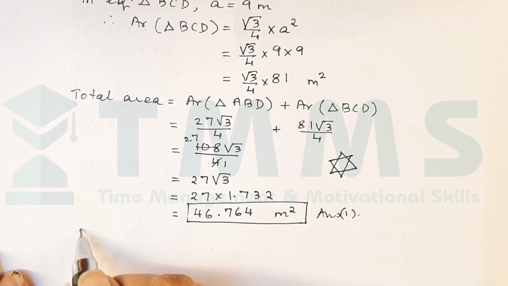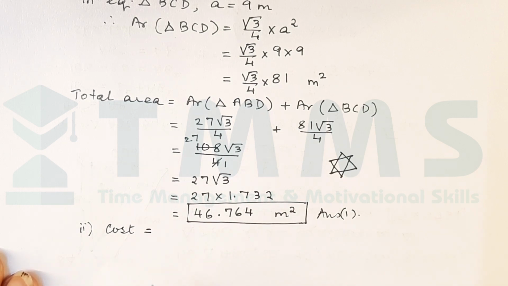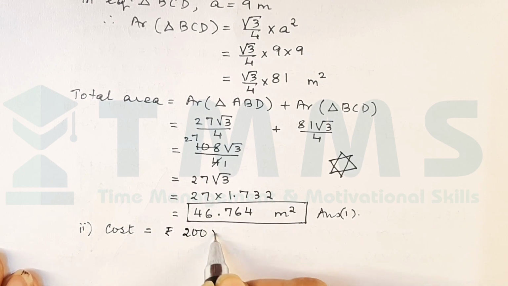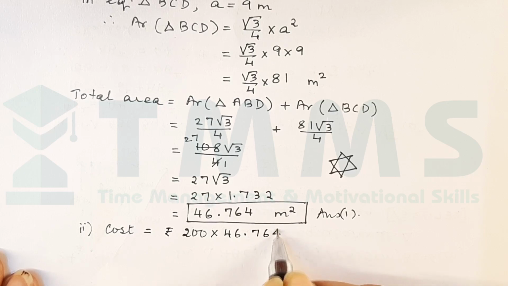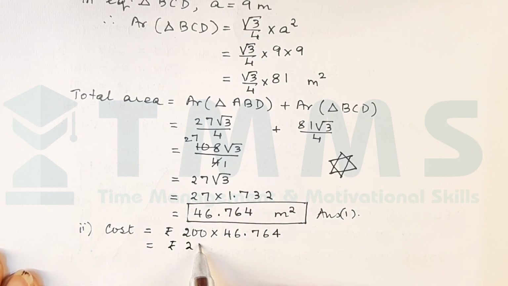Now for our answer to second part, we have to find the cost. The cost is going to be at the rate of 200 rupees per meter square. So it is going to be rupees 200 multiplied by 46.764. And so you shift the decimal point, you will say it will be rupees 2 into 4676.4. Easy?